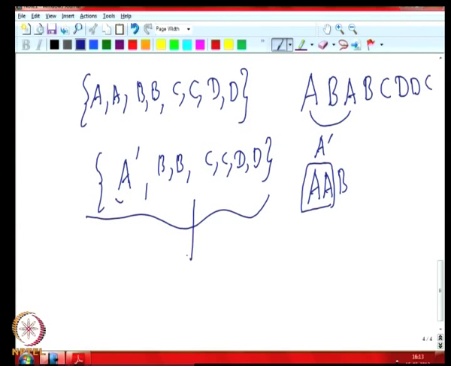Now, this will give you the count. This multiset, in our notation, will be 1 A dash, 2 B, 2 C and 2 D, right.